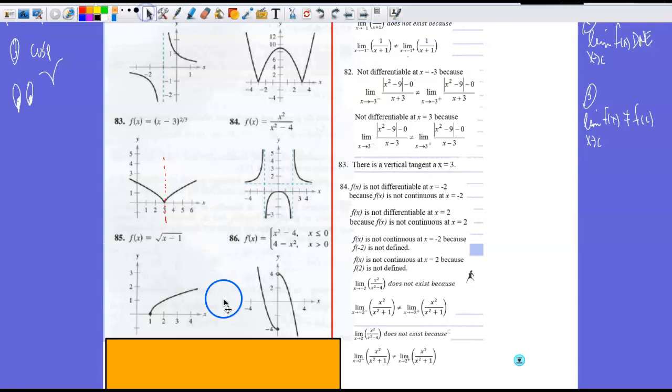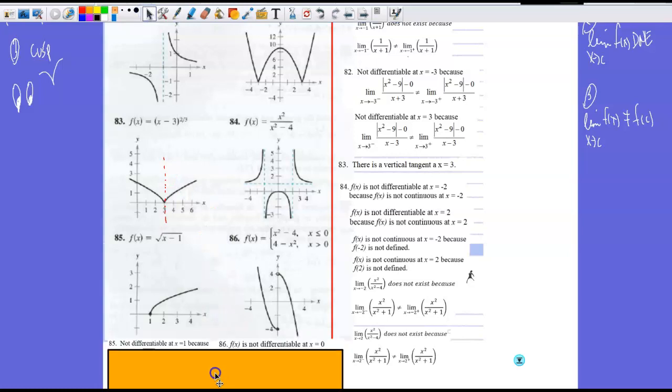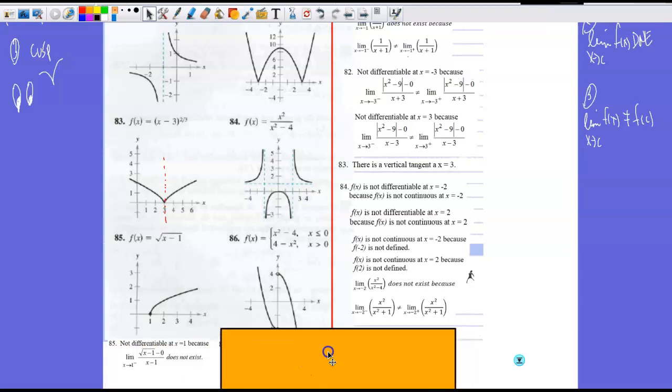So for a number of reasons, in number 85, the graph is not differentiable at x equal to 1 because, I mean, you could say the limit as x approaches 1 from the left side, in other words, that's not in the domain, does not exist, so you can't even say the left and right limits don't agree. Or you could say, approaching it from the right-hand side, that there would be a vertical tangent there.